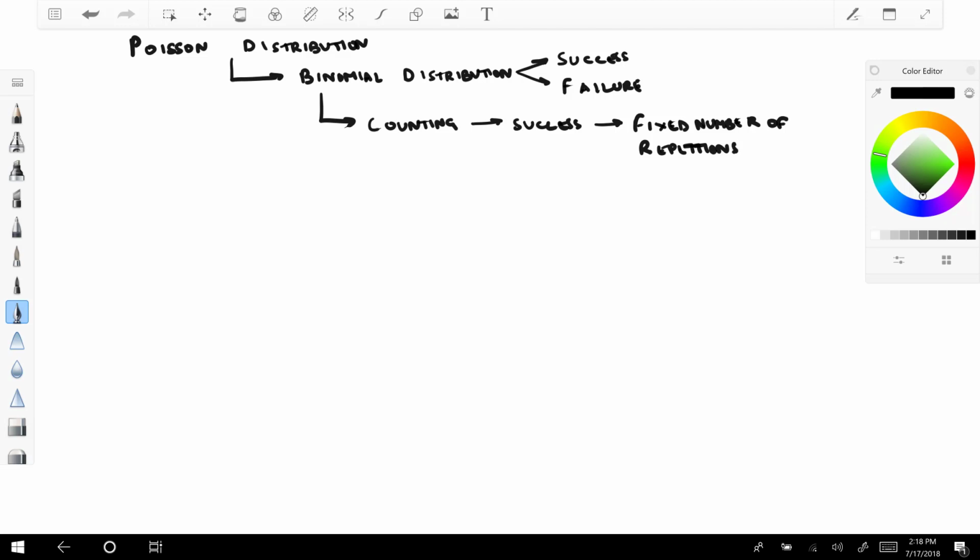So what we do is we do the experiment again and again and count the number of successes and failures in a binomial distribution.